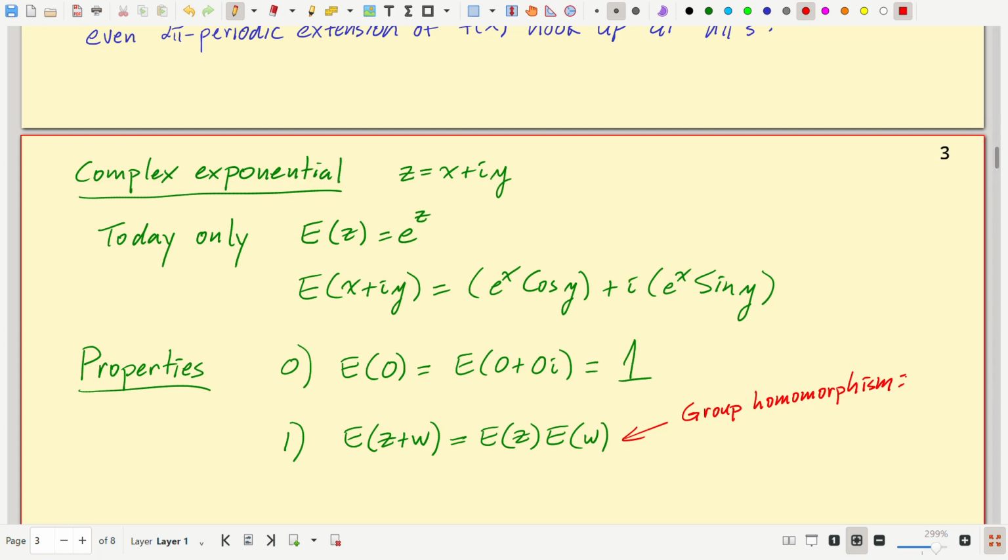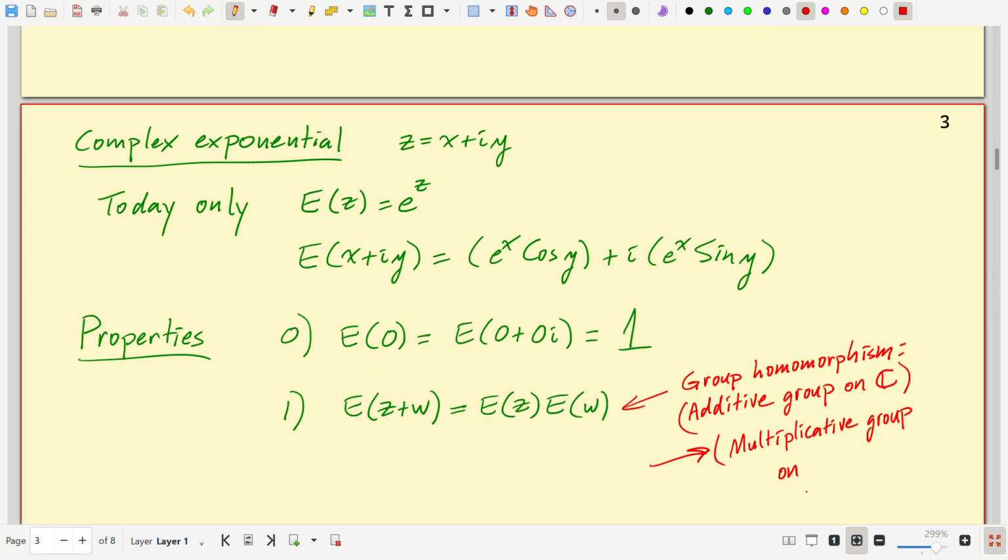It's a group homomorphism from the additive group on C to the multiplicative group. 0 doesn't have an inverse, so the multiplicative group is on C minus the origin.